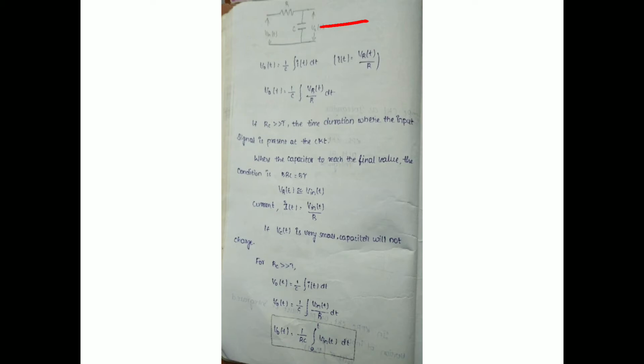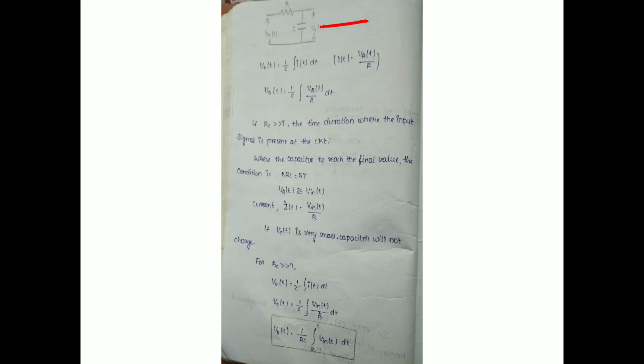When you are applying the time constant RC equal to tau, the capacitor will charge and reach the final value. VR of t is equal to Vin of t, that is I of t is equal to V by R.